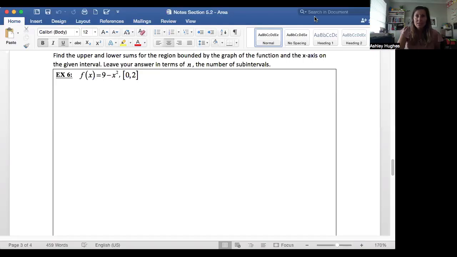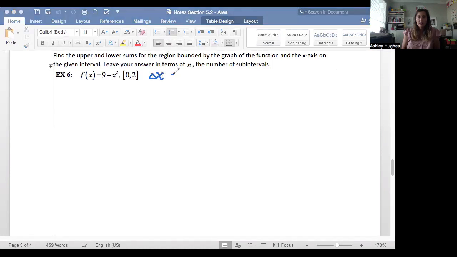All right, let's do the second part of this example here. Again, this is a little tedious, but we know that delta x is always b minus a divided by n. So we have 2 minus 0 divided by n, or 2 over n.